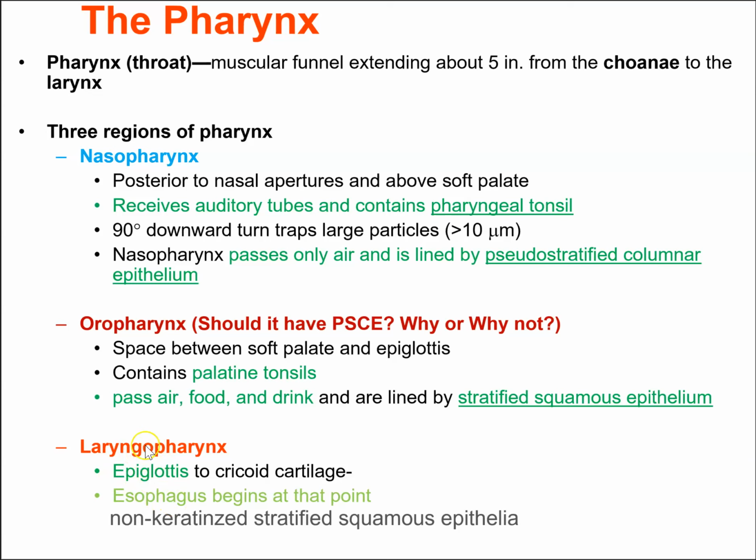And at the end of the laryngopharynx, we have the esophagus beginning. The esophagus is the food pipe. This region does not contain any cilia because we don't want dust and debris to get trapped in here. So this contains non-keratinized stratified squamous epithelium.